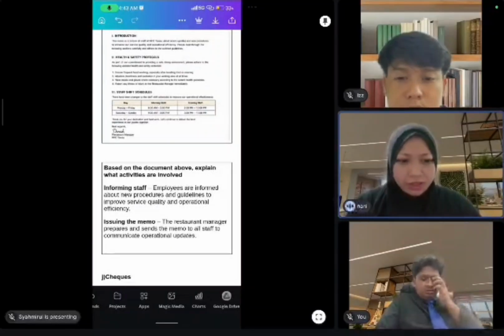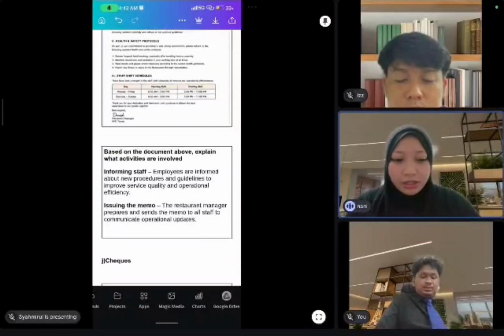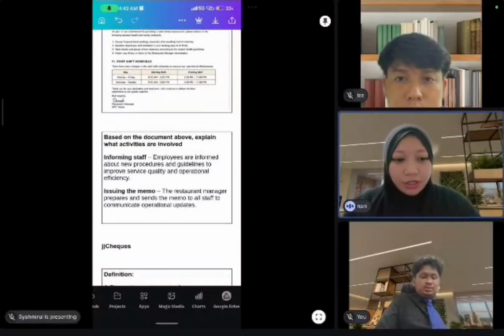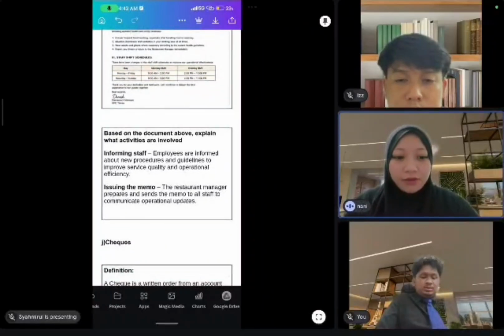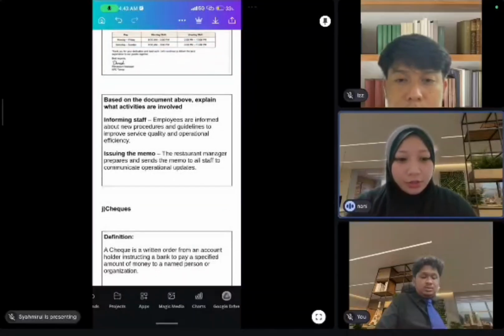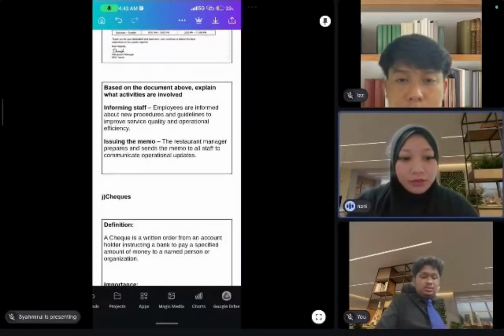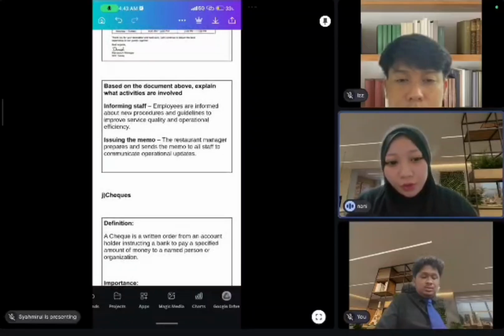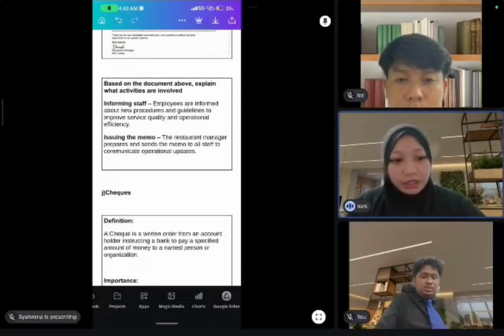The manager writes and sends the official notice to share operation updates and new rules, informing all staff. All employees get clear details on health and safety protocols and new shift times, so everyone follows the same guidelines.